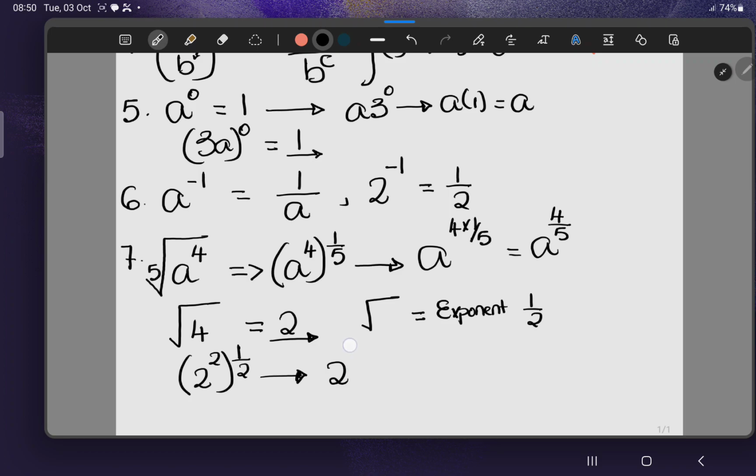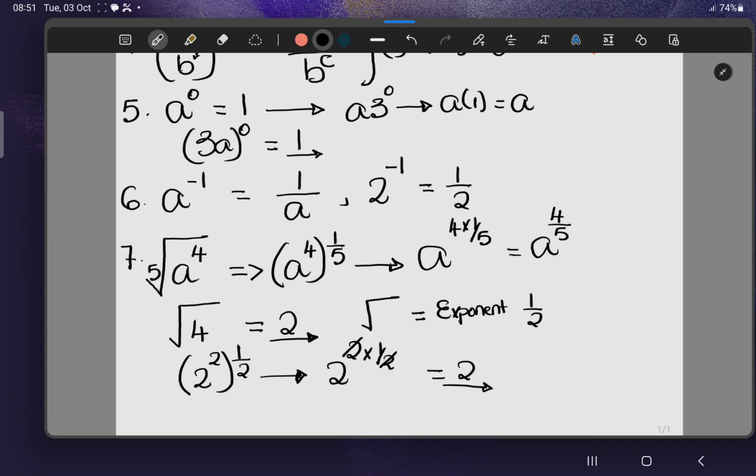That will be 2 multiplied by 1 over 2. Then we cancel the 2. Therefore, the final answer will be 2. So it means that whenever you see the root, you must make sure that you write it as 1 over 2. So basically, these are the laws that we will be dealing with.